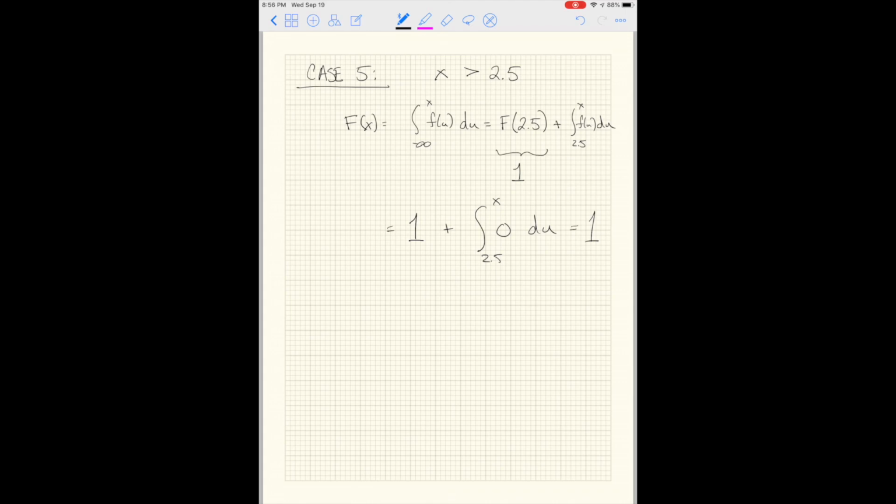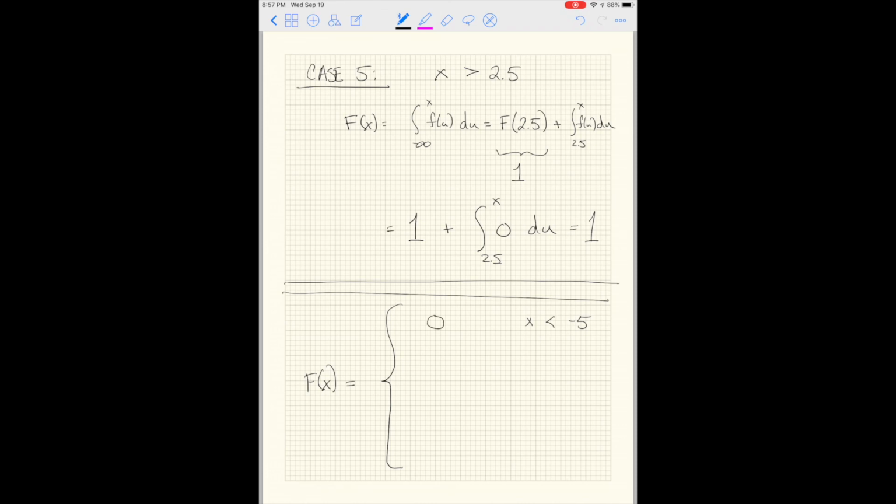All right, so if we put all of those cases together, then we get this f of x is equal to... So we had a case from x less than -5, and so that's 0.